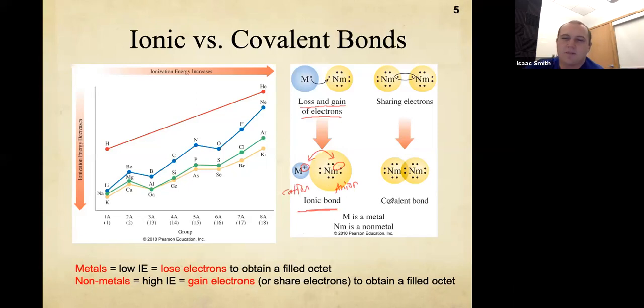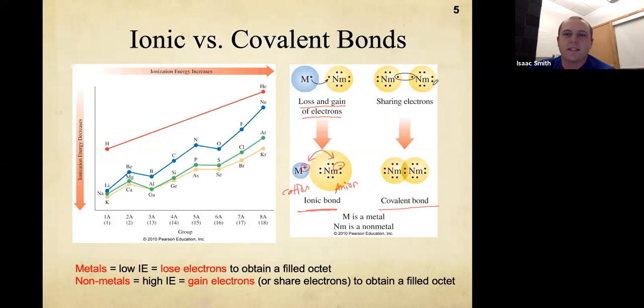The other possible way for 2 elements to bond together is through a covalent bond, okay? So far we've talked about how non-metals want to gain electrons. Well, if you put a non-metal next to another non-metal, because they both want to gain an electron, neither one of them is going to actually give up an electron to the other, right?